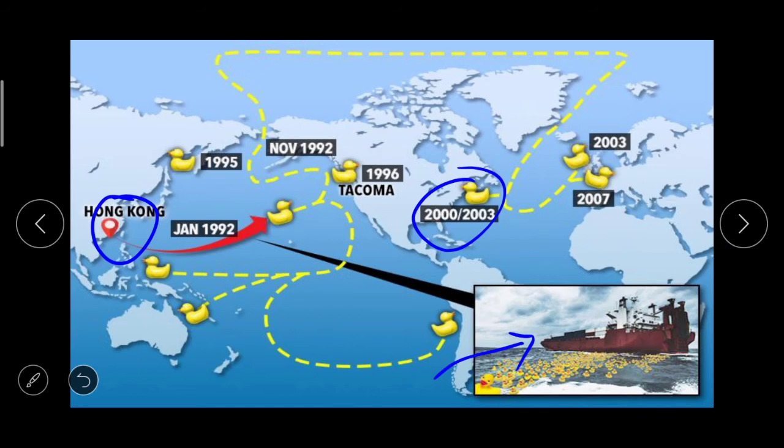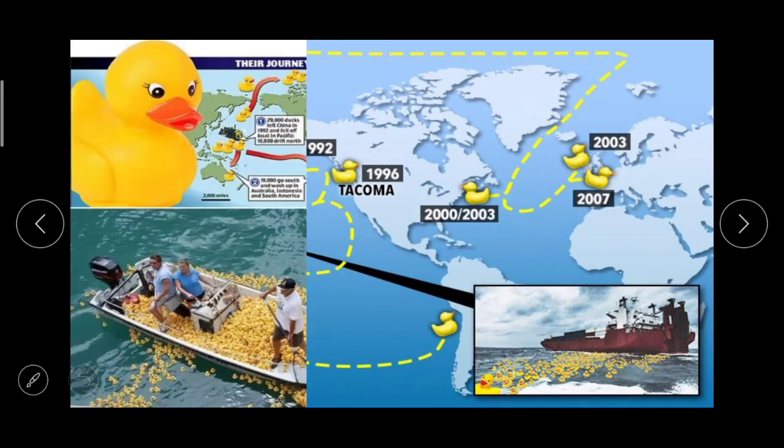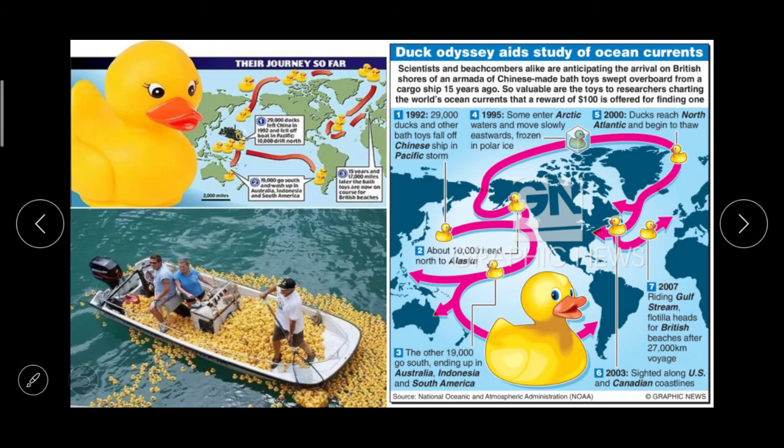Some of these reached the eastern coast of America in 2003, and some of the toys had even reached the European coast by 2007. Now, from the Hawaii Island, some toys took the route to Australia.